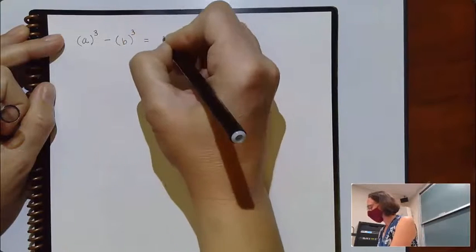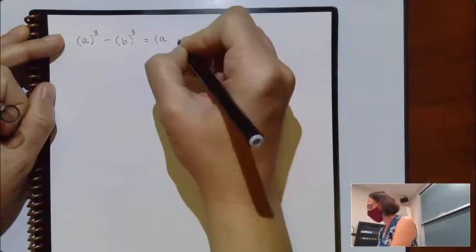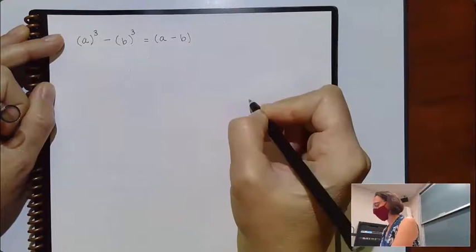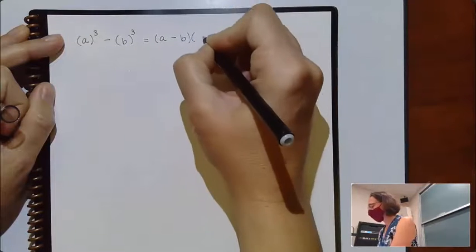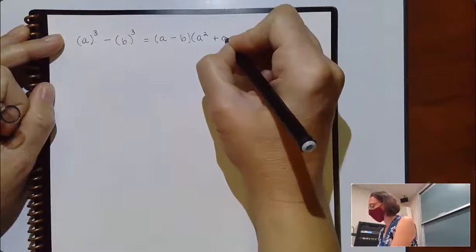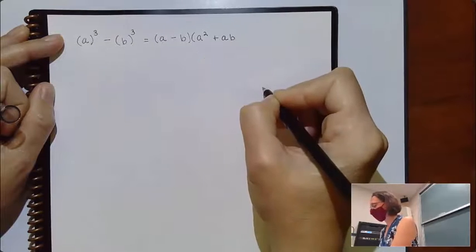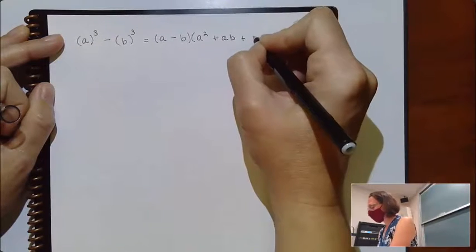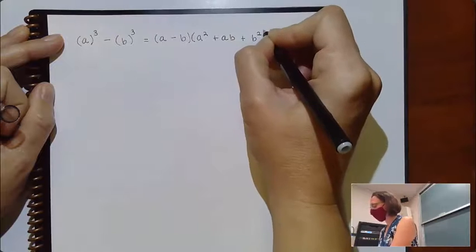And that works out to be just the thing in parentheses minus just the thing in parentheses, times that first thing squared plus the first thing times the second thing plus that second thing squared.